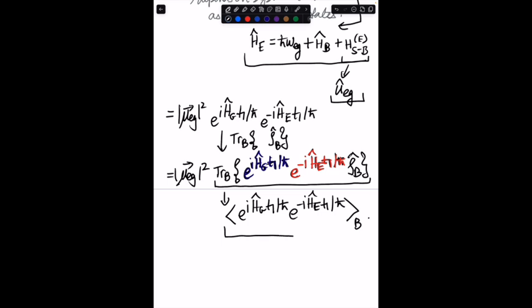And this is again an equilibrium correlation function with respect to all your bath states of the product of your two time evolution operators, on your ground state surface and your excited state surface, right?